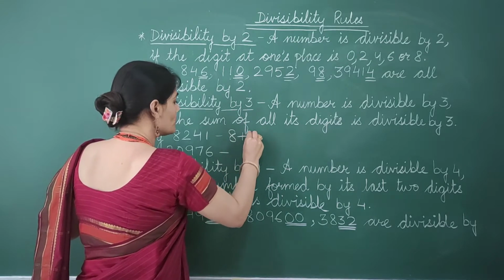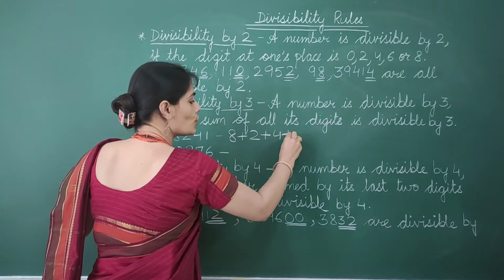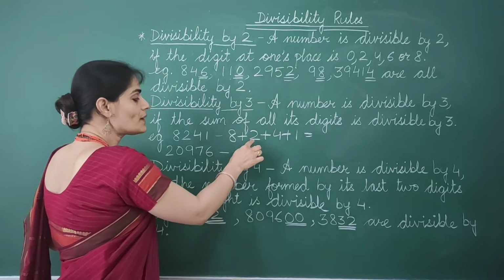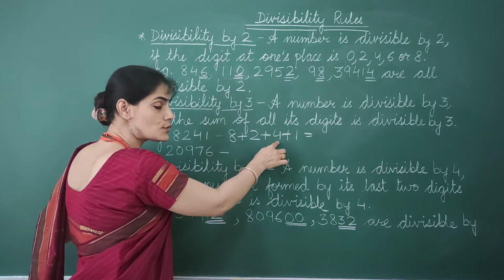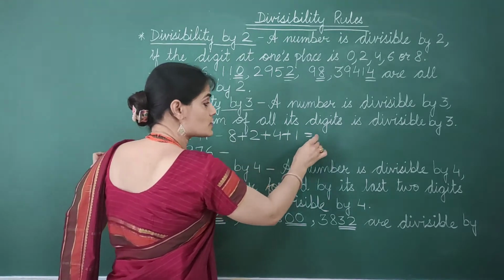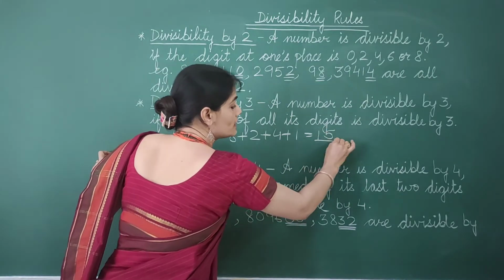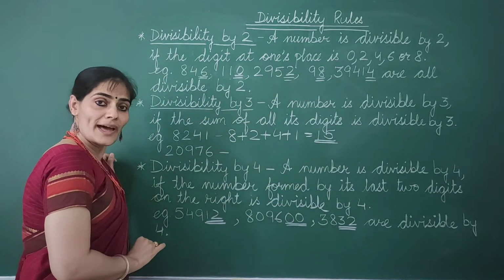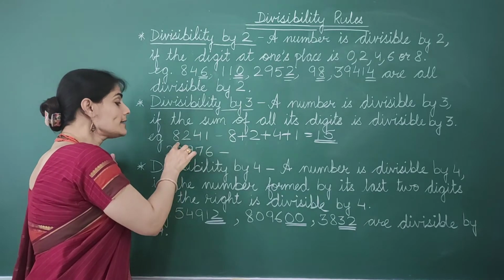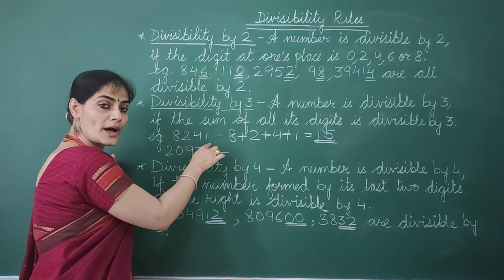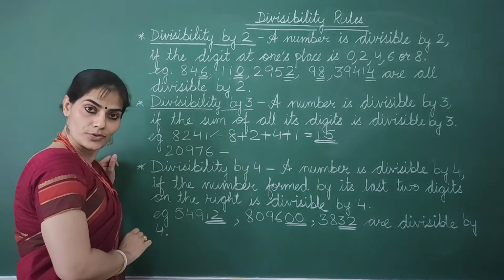So 8 plus 2 plus 4 plus 1. 8 plus 2 is 10. 10 plus 4 is 14. 14 plus 1 is 15. The sum 15 is divisible by 3. So 8,241 is also divisible by 3.